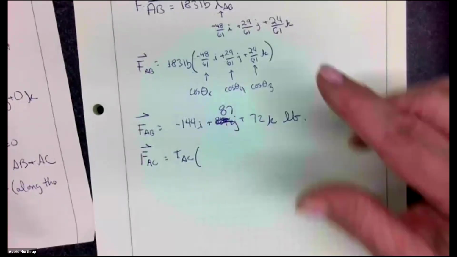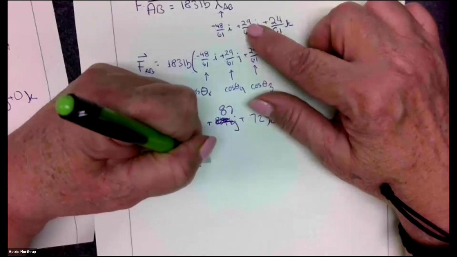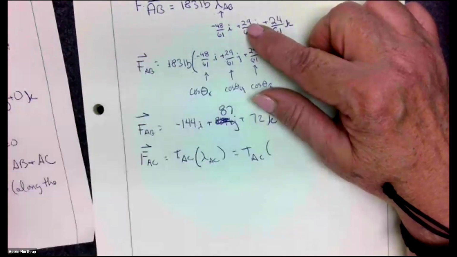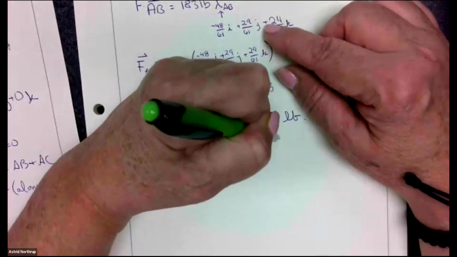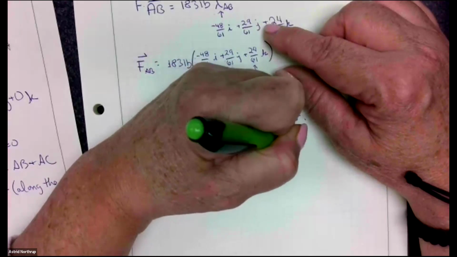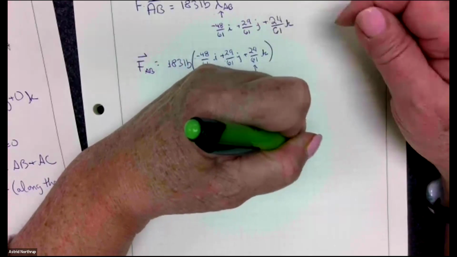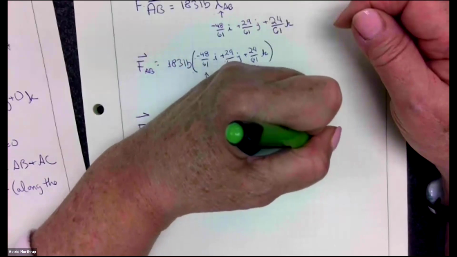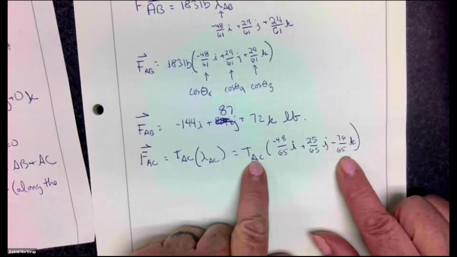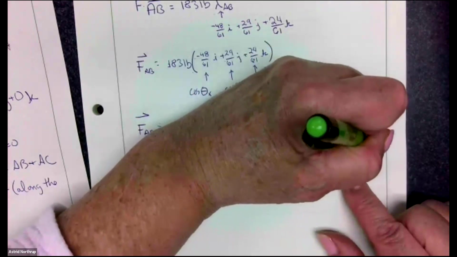But I can write lambda AC as being negative 48 over 65 I plus 25 over 65 J minus 36 over 65 K. This is dimensionless. This is in pounds. So it's pounds.